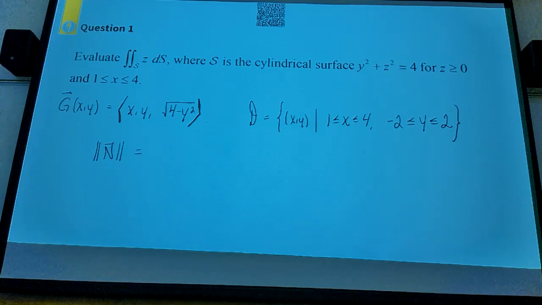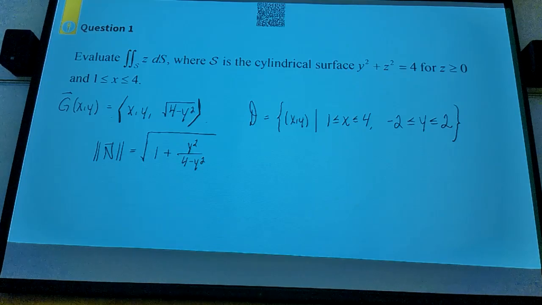Again, there's a derivation in the video. I'm not going to go through it again. Square root of 1 plus the partial of your function with respect to x squared.